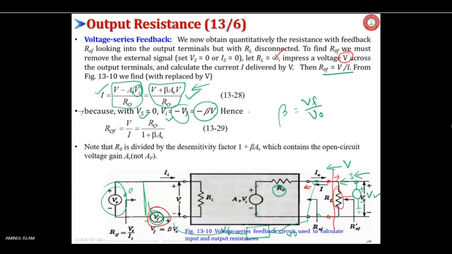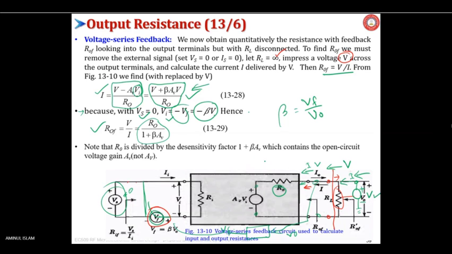Up to this point, then can we write this one? ROF equals V by I. Obviously, on this side you are pumping a current I by a voltage V. So voltage by current is nothing but the resistance looking at this point. Tell me how it can be written.